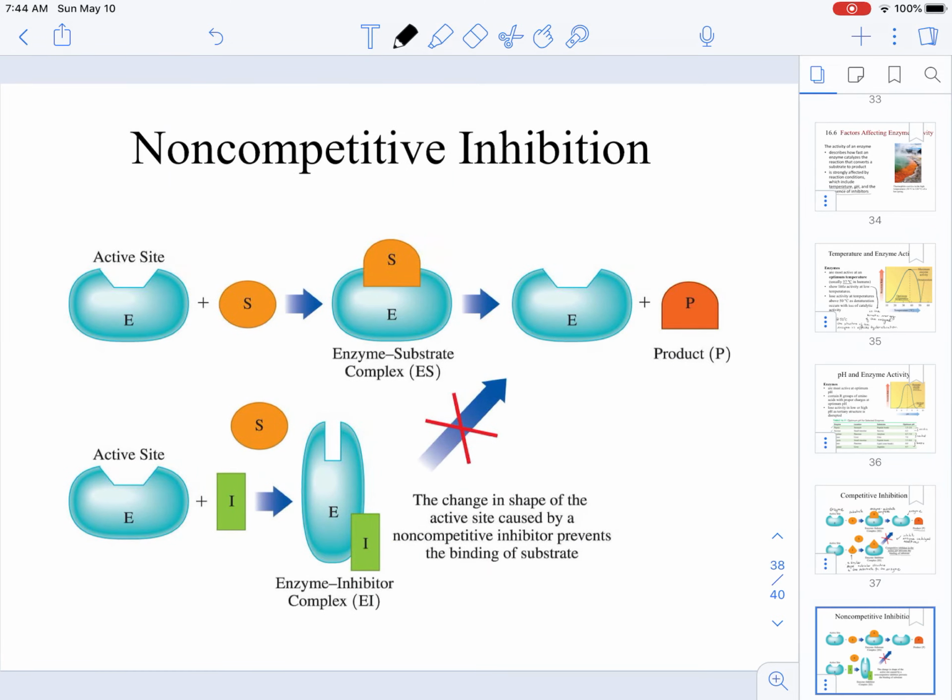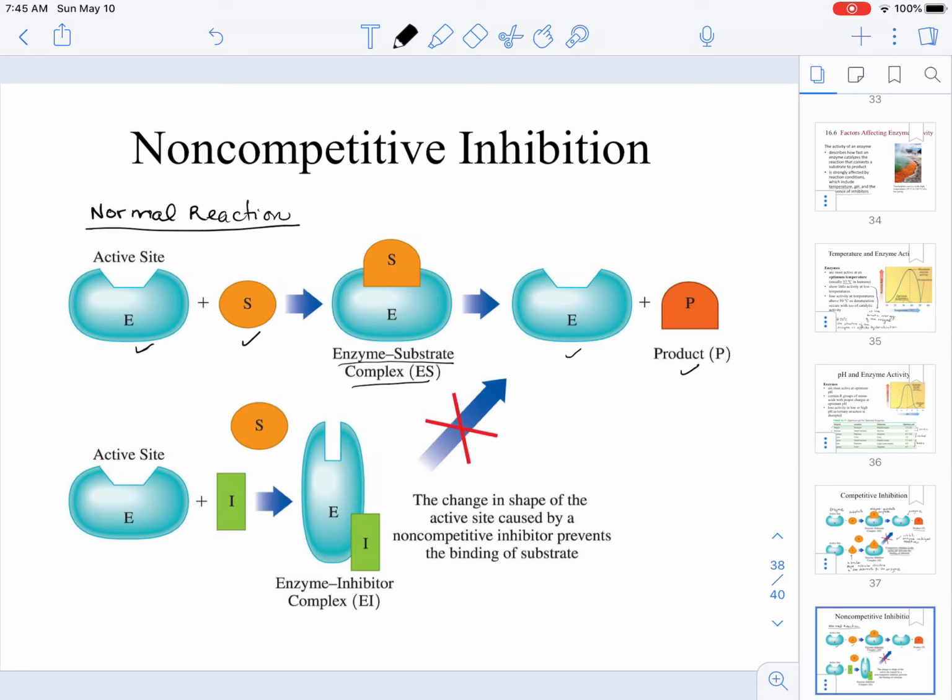Now, there is a second type of inhibition, and this is called non-competitive inhibition. So in a non-competitive inhibitor, as you can see, this is going to be the normal reaction on top. Okay, which we have an enzyme reacting with the substrate, making the enzyme substrate complex, regenerating that enzyme and forming product.